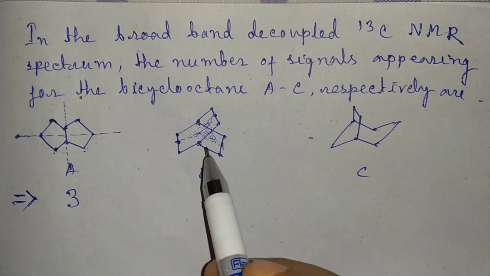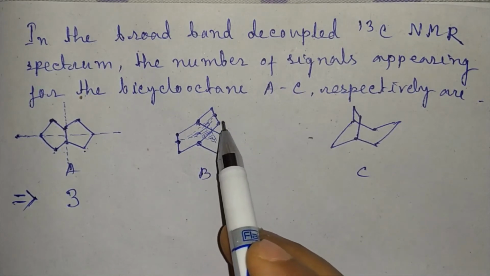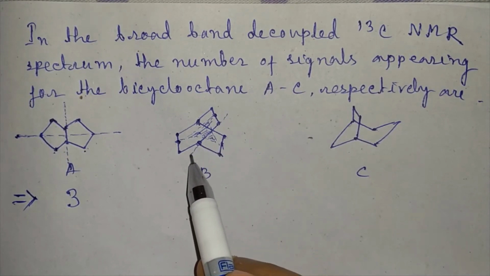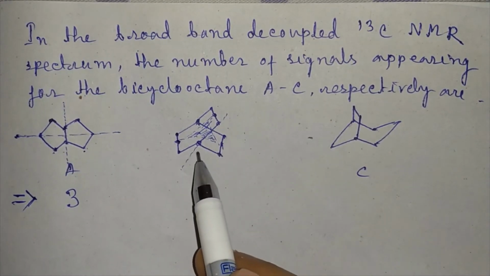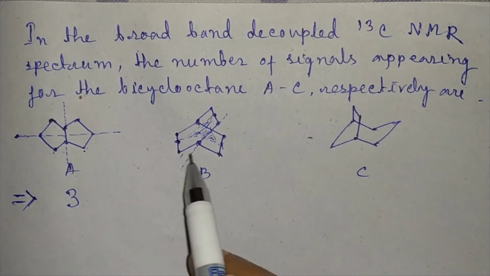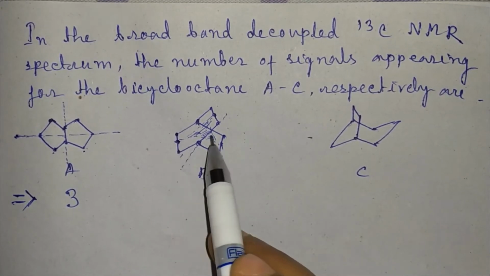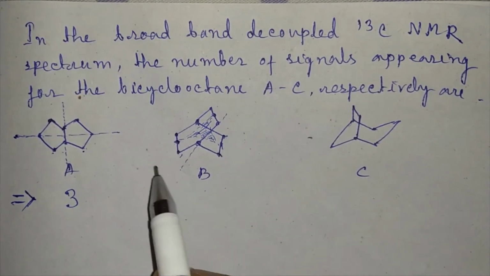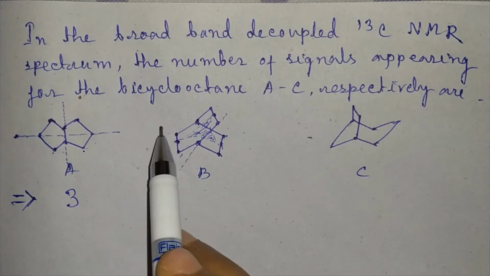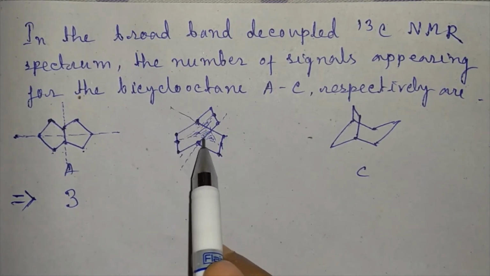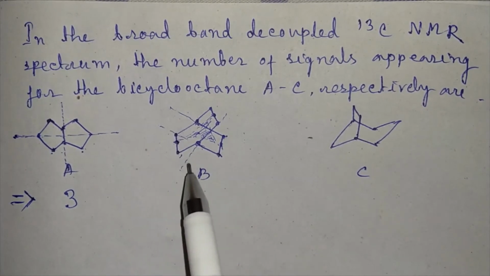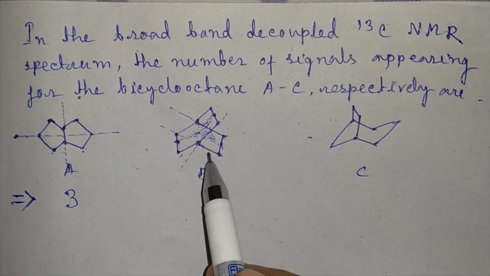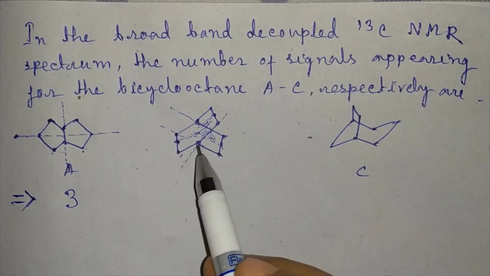Now again we can pass a plane along this, which will bisect the molecule into two equal halves. So these and these are similar, these and these are similar. Again we can pass a plane along this axis, and this also divides the molecule into two equal halves.